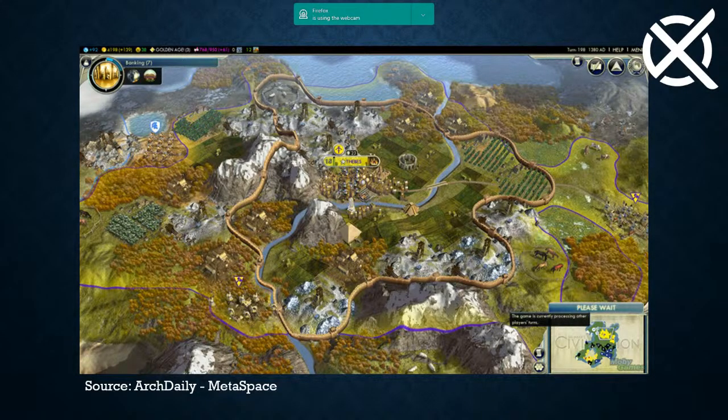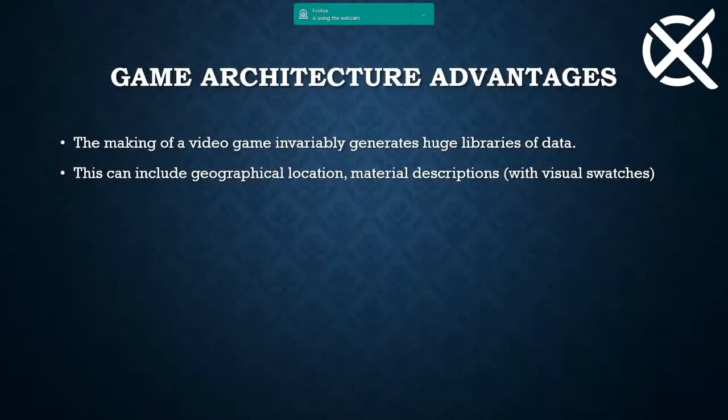And because everything is built on different game levels and modular approaches, you can understand that the process of building it itself will generate huge libraries of data. And this is data that is, in theory, going to be very, very useful to future researchers as well.